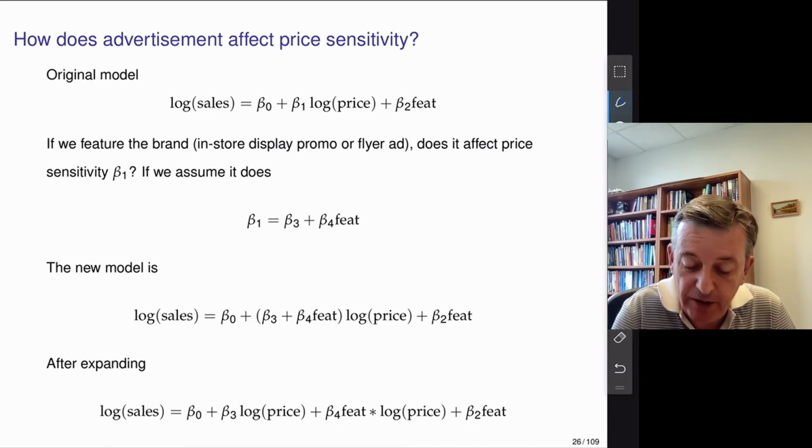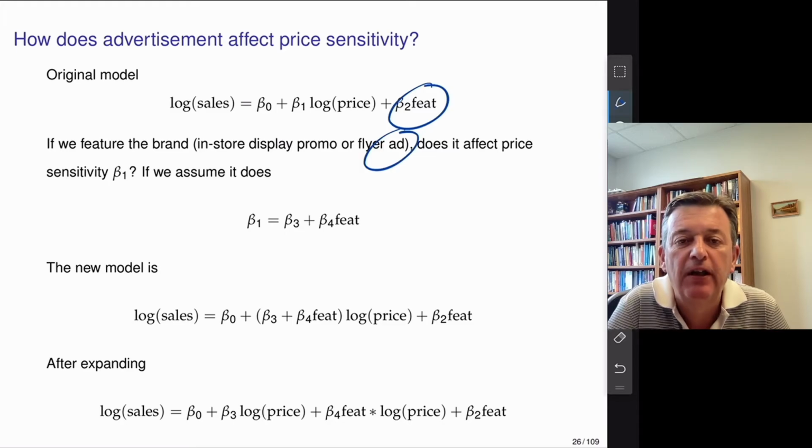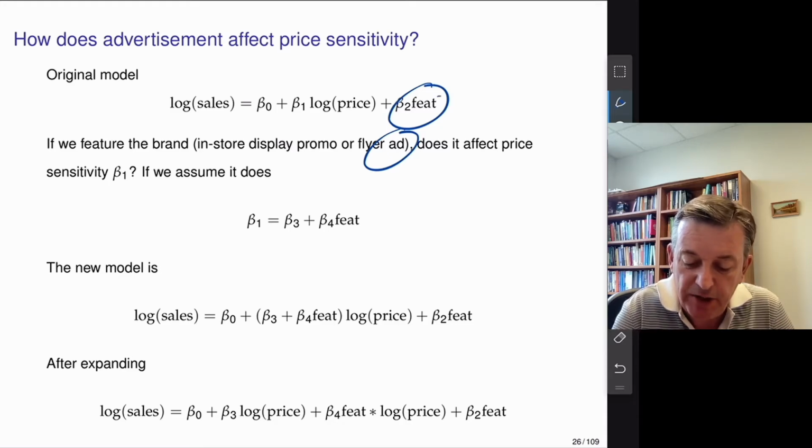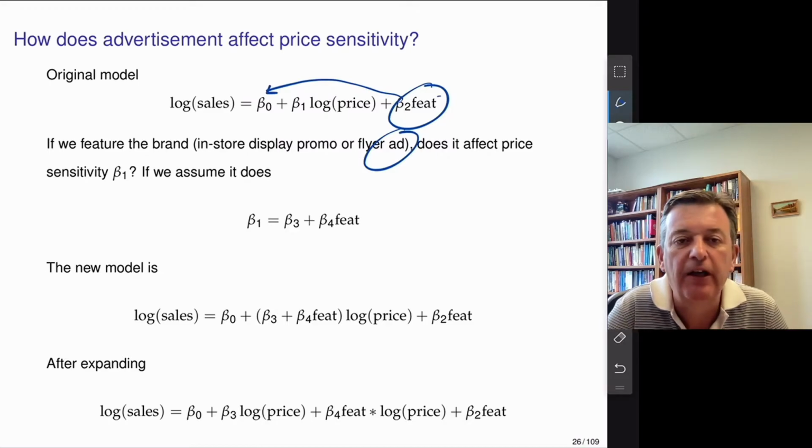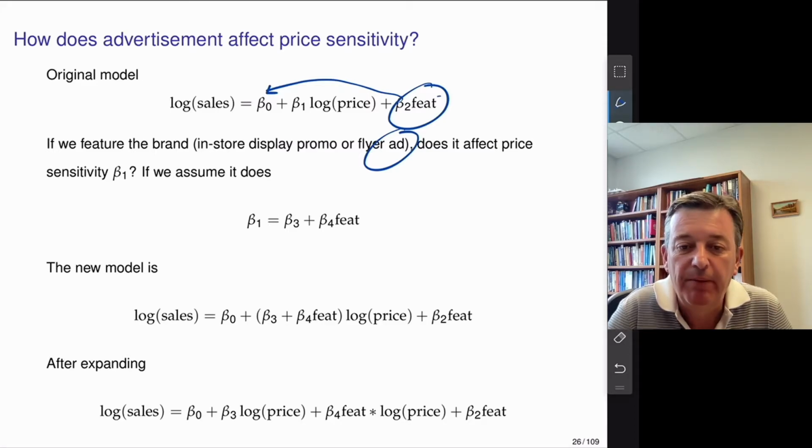We can also look at the effects of advertising, so a feature or not a feature. So we can add that in as another dummy variable. So I can run sales, and essentially the feature variable flipping on and off is essentially changing that underlying coefficient, that underlying intercept of how much I sell.